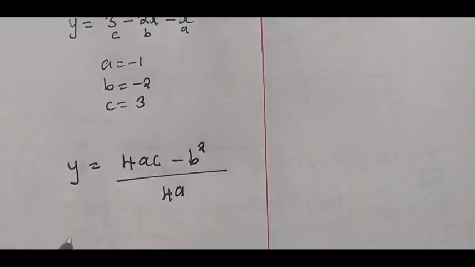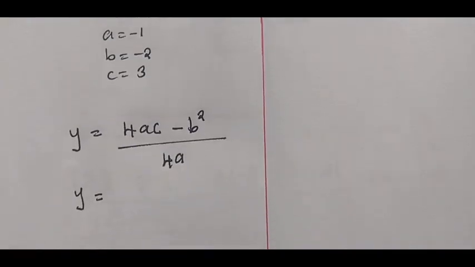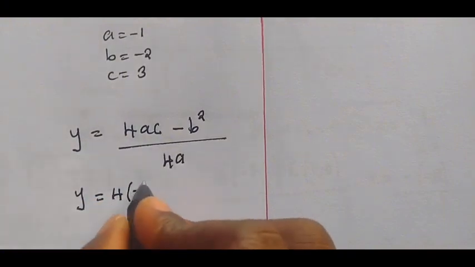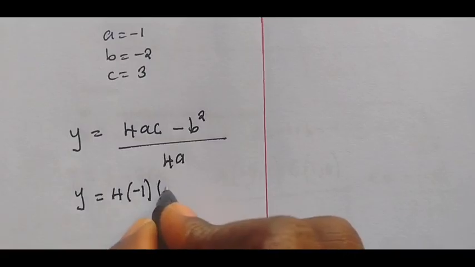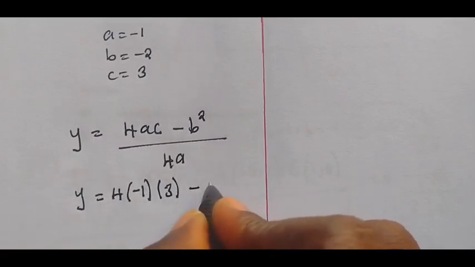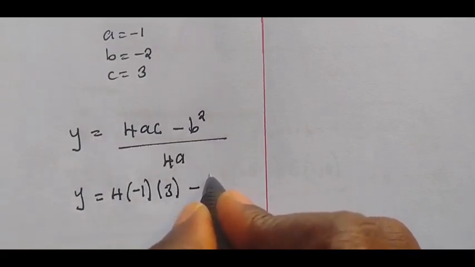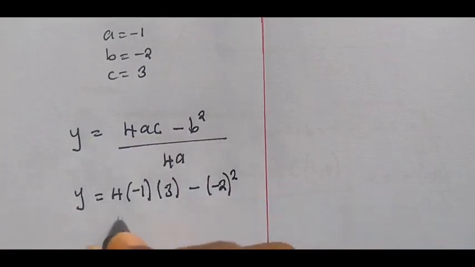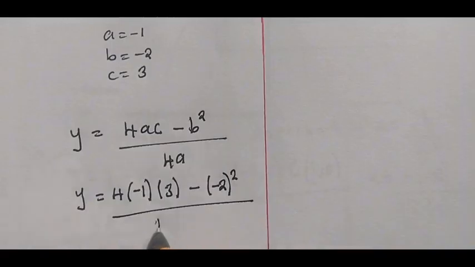So from here, we say y is equal to, it's just a matter of substituting: where there is a, we put -1, where there is c, we put 3, minus, b is -2, so in brackets -2 squared, over 4, a is -1.